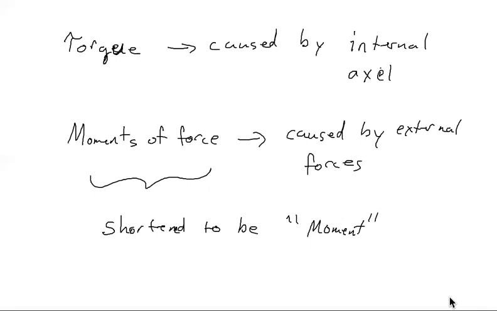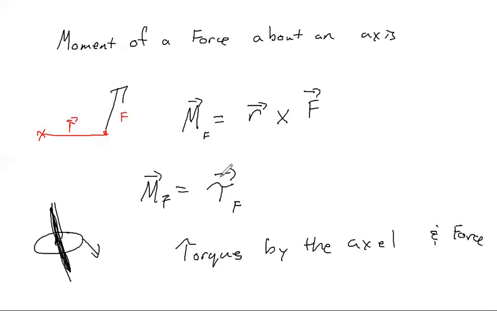All right, so given some axis of rotation, some pivot point, I've defined a moment or a torque due to a force as the moment arm or lever arm cross the force. It measures the amount of twist we get from a force. We kind of know that from everyday life.